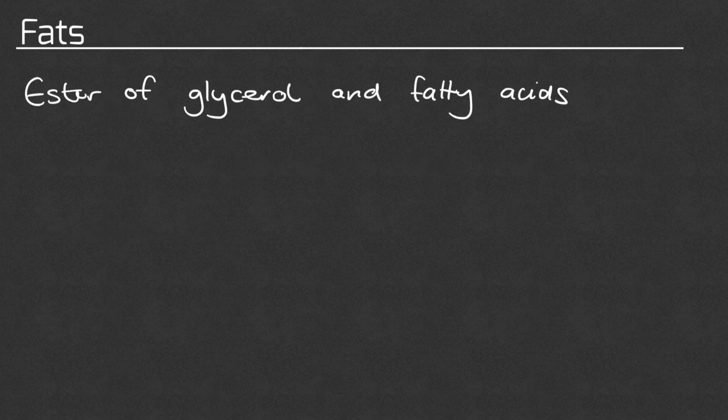So what we call fats, animal fats and vegetable oils, are actually esters of glycerol and fatty acids. Glycerol is a chemical called propane-1,2,3-triol, and we'll look at the structure of that in a second.